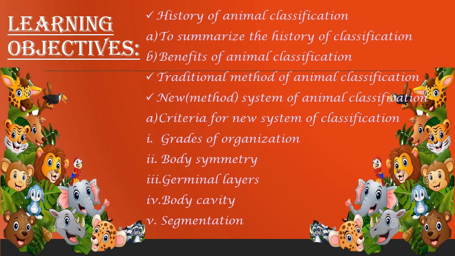After that, we will be learning about the traditional method of animal classification. Then we will be learning the new method of animal classification, or we can say the new system of animal classification. Under the new system of classification, there are some criteria, and the criteria are grades of organization, body symmetry, germinal layers, body cavity, and segmentation.